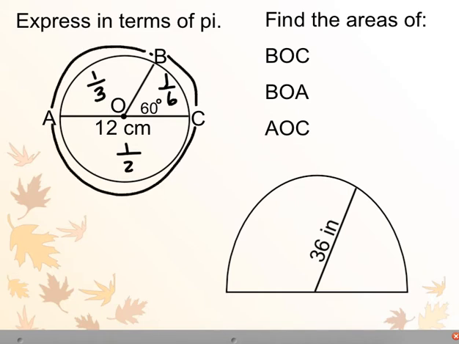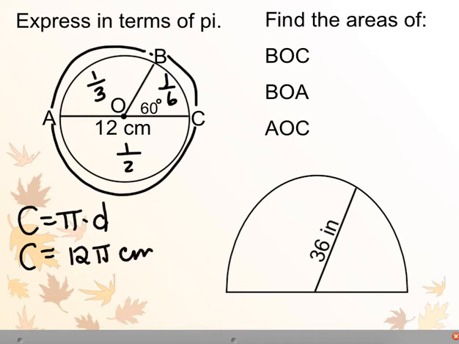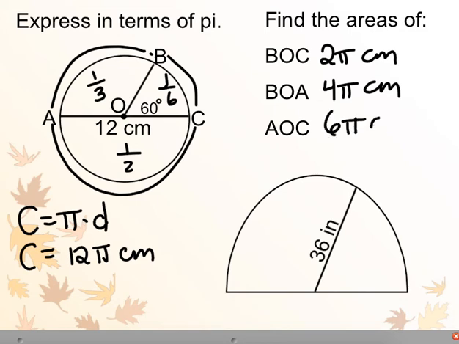So my circumference is pi times diameter, so I'm going to get a circumference of 12 pi centimeters. So if I want 1/6 of it for BOC, that means I'm going to have 2 pi centimeters. 1/3 of it means I'm going to have 4 pi centimeters. And my AOC, 1/2 of it, is going to be 6 pi centimeters.